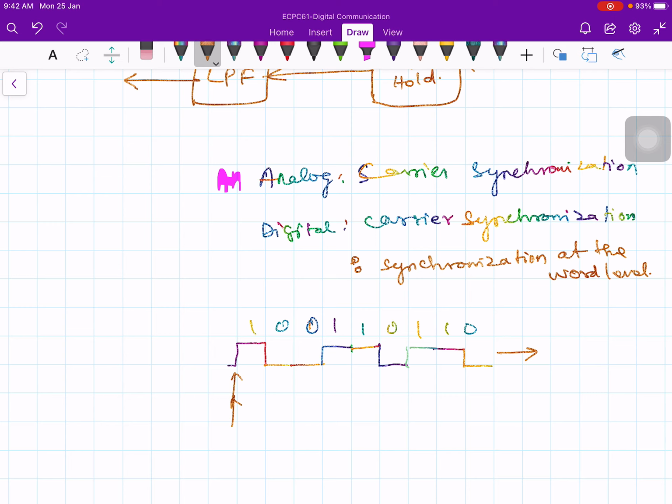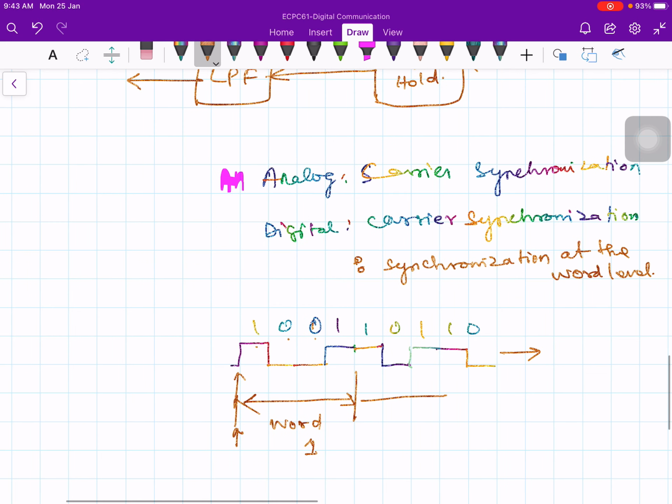So why do we need synchronization at the word level? This is needed in order to mark different groups of bits. In case my word starts here, so 1 0 0 1, this is my word 1, and then 1 0 1 1, this is my word 2.